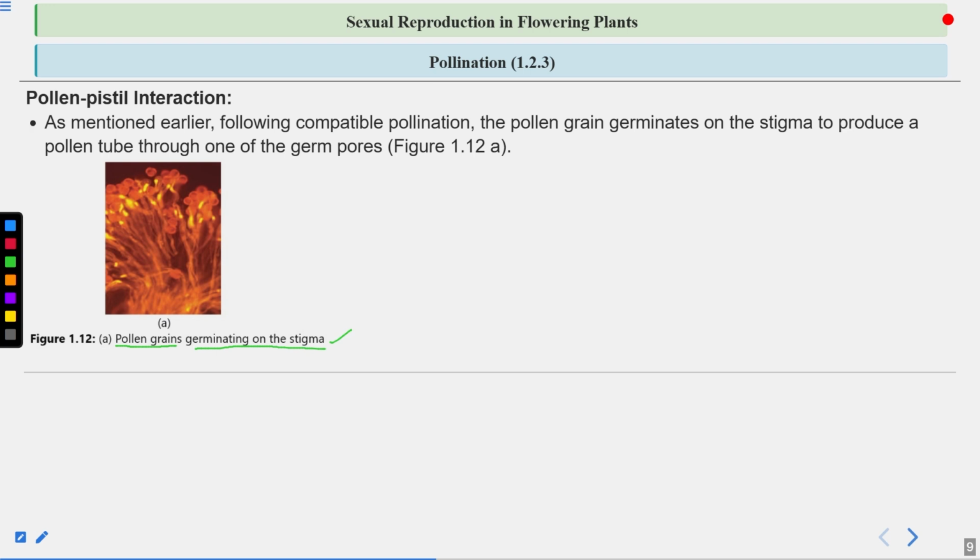Once it reaches the embryo sac, the other pollen tubes will cease, whether at the stigma level, the style level, or the ovary level. They will not grow from there. Here you can see so many pollen grains germinating on the stigma, but only one of them will reach the embryo sac.